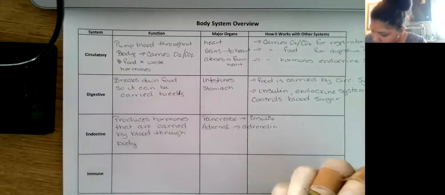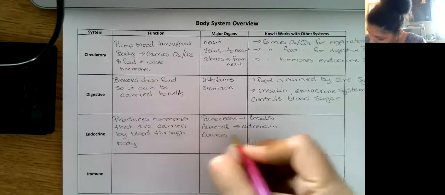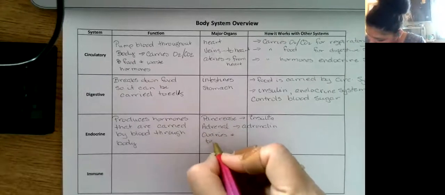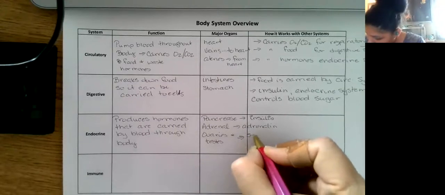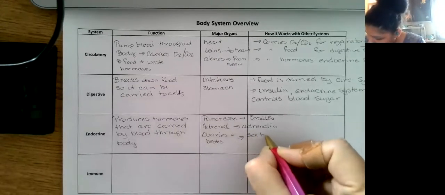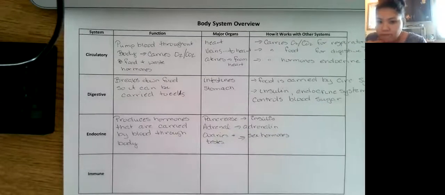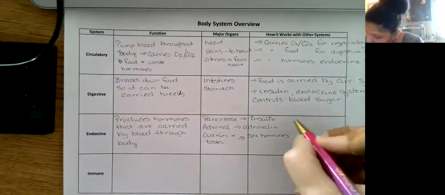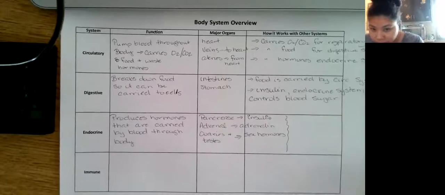And also ovaries and testes, those are going to be your sex hormones. So in guys, they produce testosterone. In females, estrogen and progesterone are going to be the main ones. So how does it work with other systems?